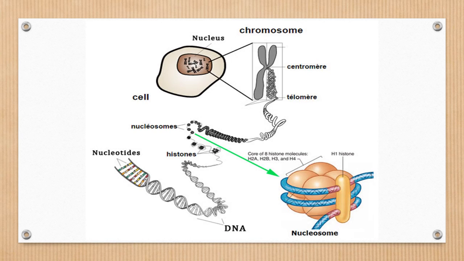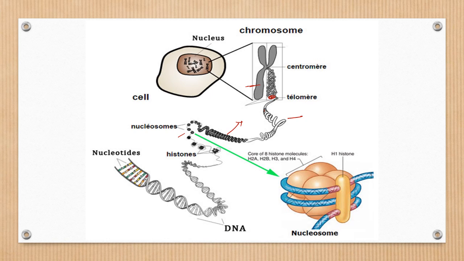Let's see the representation of the chromosome. The chromosome consists of chromatin, and the terminal end of this chromatin is called the telomere. It is a chromatin fiber, in solenoid form, then nucleosomes, and finally the histone proteins and the DNA are identified.